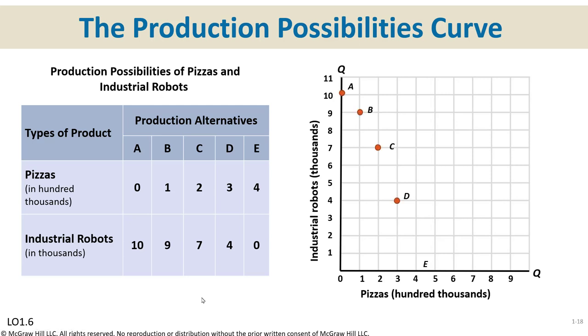Here, however, you're in charge of making these goods. You can either make pizzas or industrial robots. If you're thinking that's quite a factory, I'm just following along with what we have.